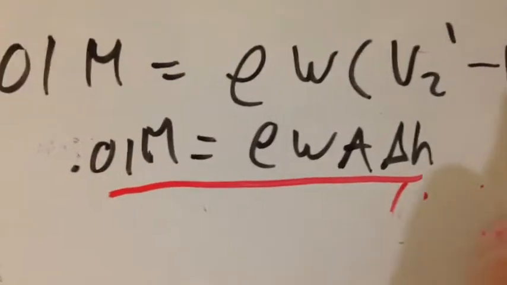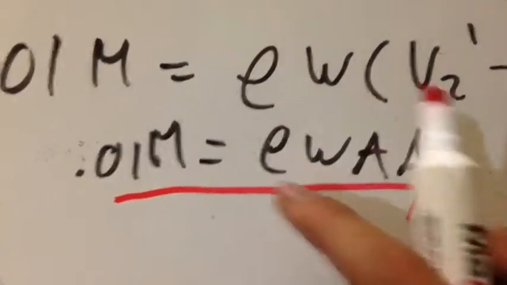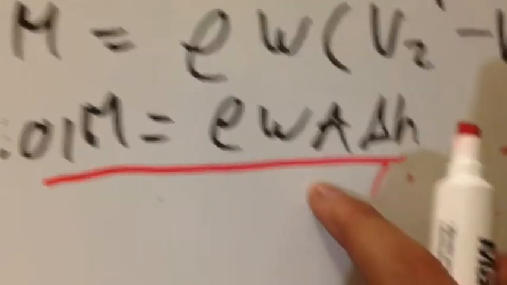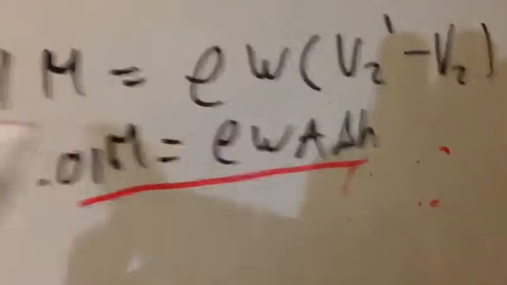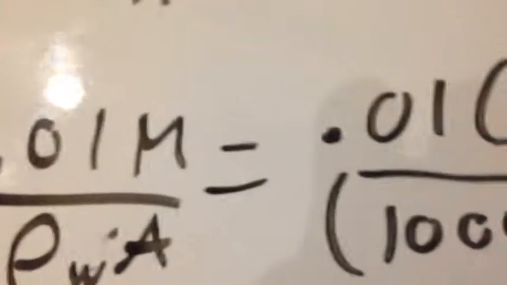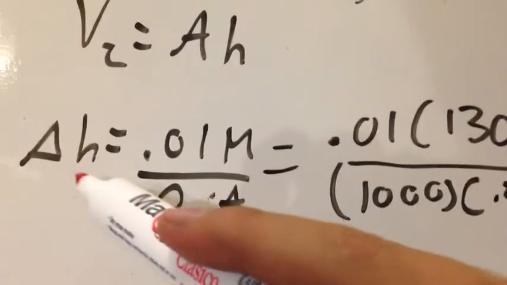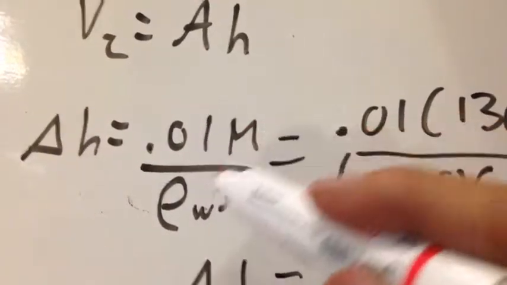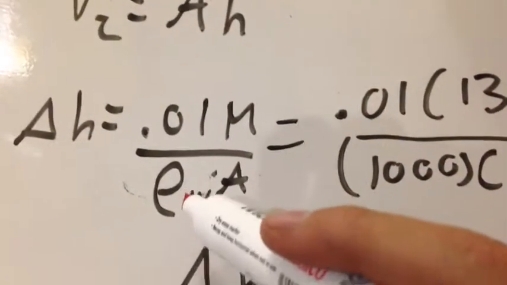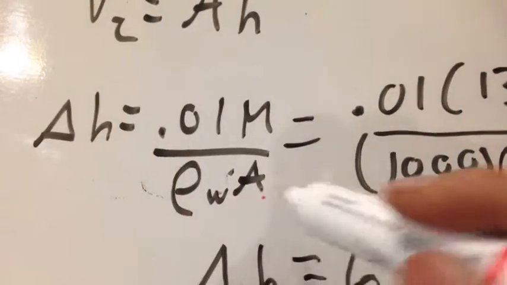This will give us 0.01 m equals the density times area times delta H. So from this formula we just have to rearrange it so that we have delta H equals 0.01 m over the density of the water times area.